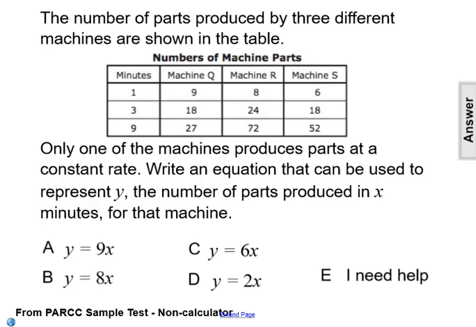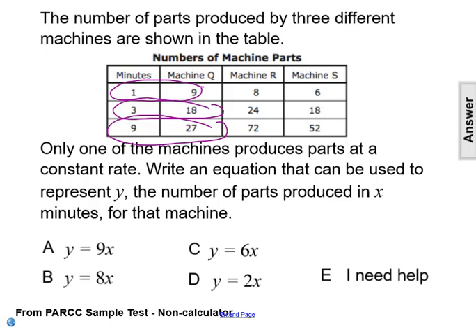Machine Q is producing 9 parts in 1 minute, 18 parts in 3 minutes, and 27 parts in 9 minutes. If it was produced at a constant rate, the ratio of the parts machine Q made to the minutes it took would be equal for each row.